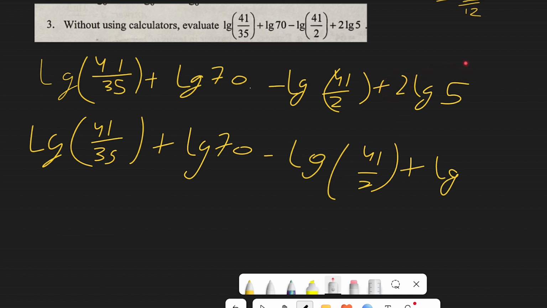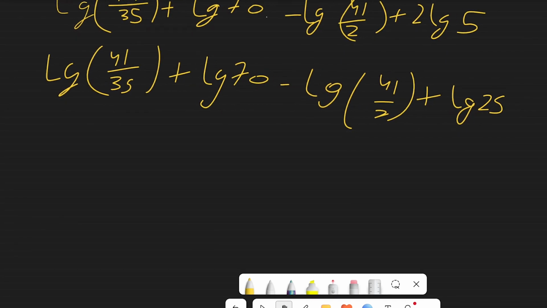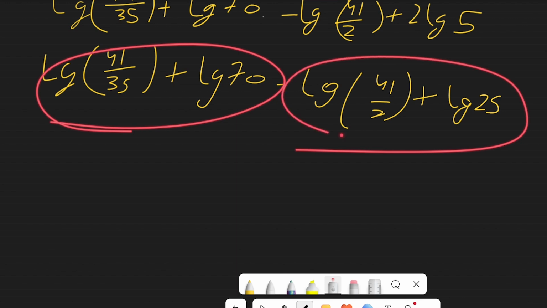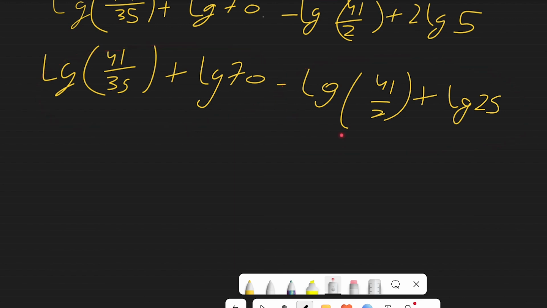I won't write 5 squared, I'll just write 25 directly, so it saves you time and working. Now we will see what are adding and what are subtracting. So these are adding, these are subtracting. You can do it independently because there is plus minus only, so that doesn't matter whatever order we apply. So I'll just do it.